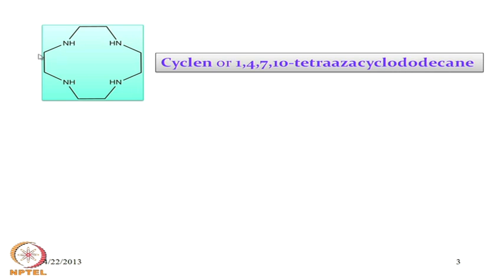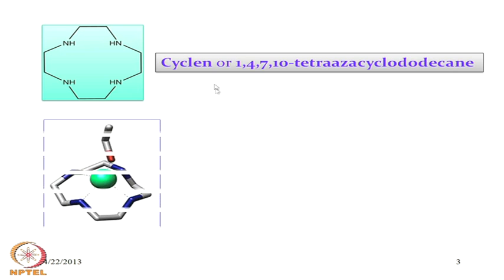So, which is having 8 plus 4, 12 atoms in the backbone. In tacn we have 9 backbone atoms, that is why the nomenclature ends with nonane; this is dodecane.